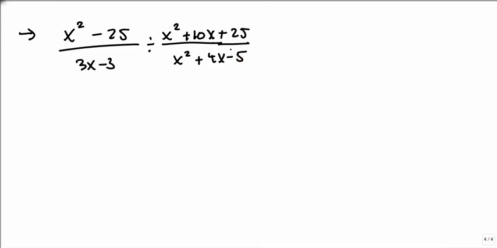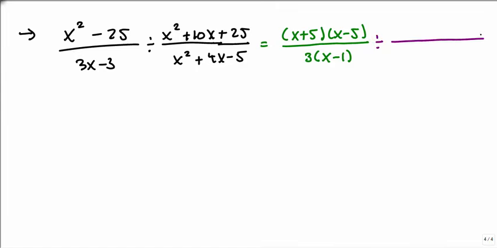Now our rules for finding the restrictions here are going to be a little bit more complicated because I'm using division. So the first thing we want to do here is factor.